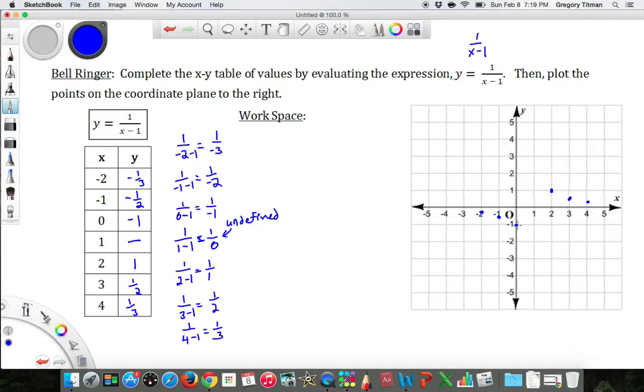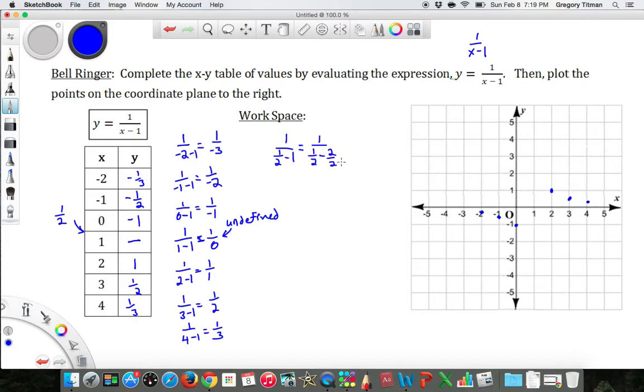So let's keep going and pick a couple more domains or x values here to evaluate. So let's try 1/2. That's halfway between 0 and 1. So let's try evaluating where x equals 1/2. Well, if I evaluate for 1/2, I get 1 over 1/2 minus 1, which I can't simplify as is because I need to have like denominators when I add or subtract fractions.